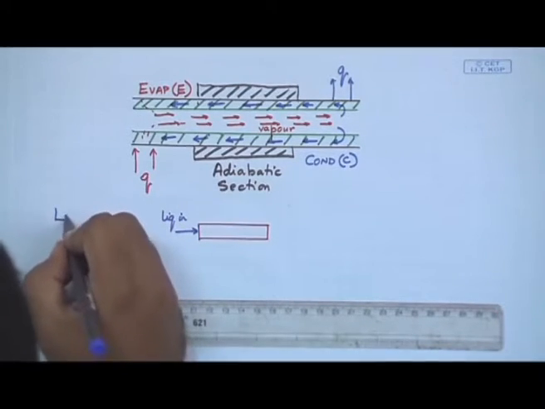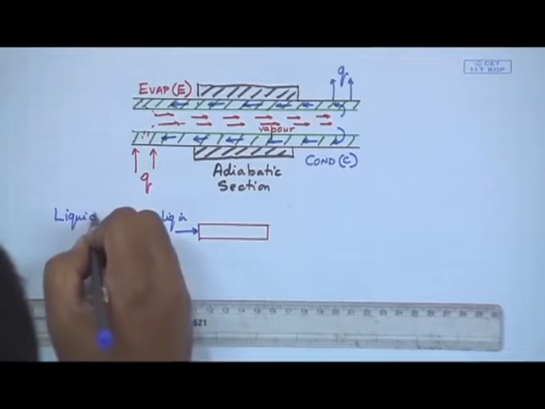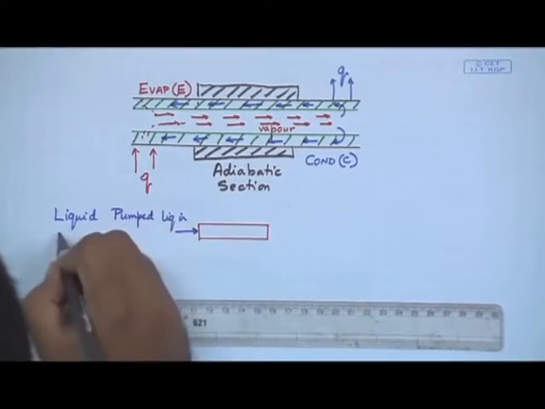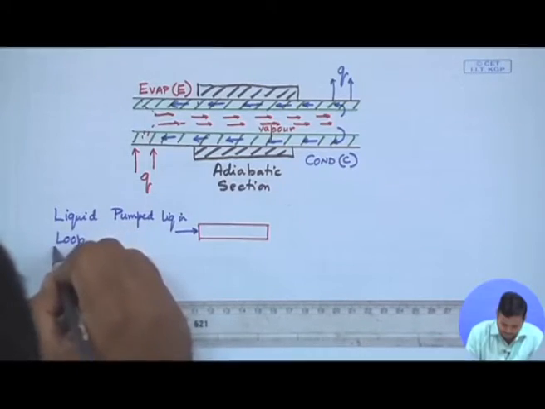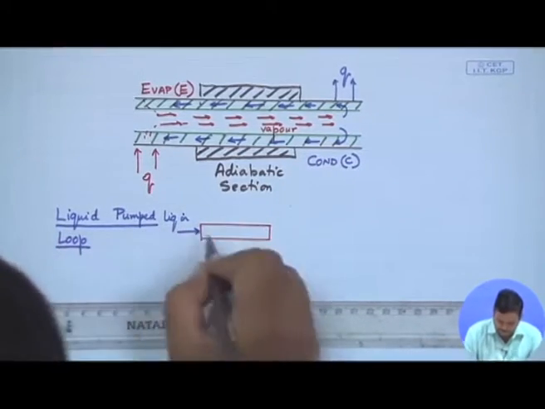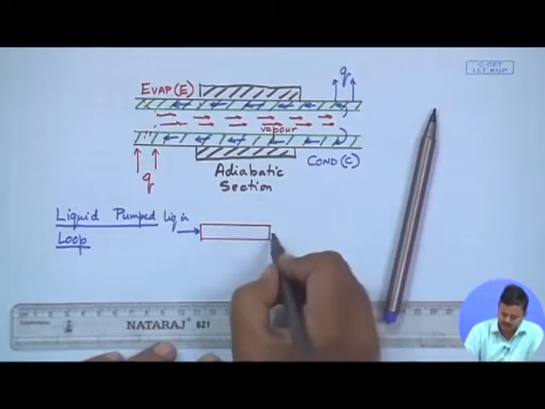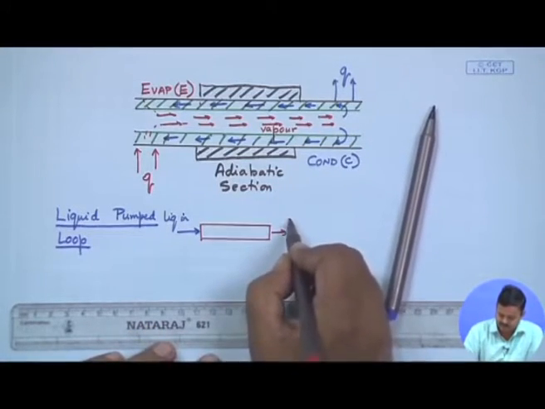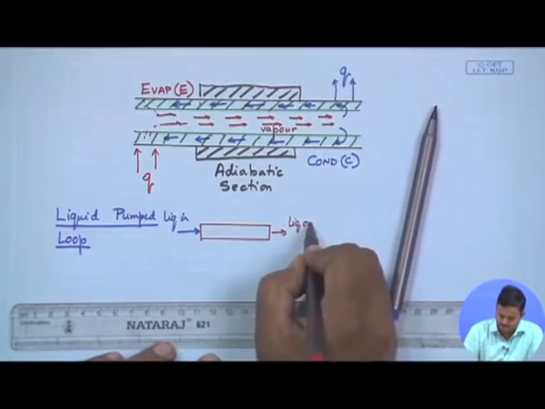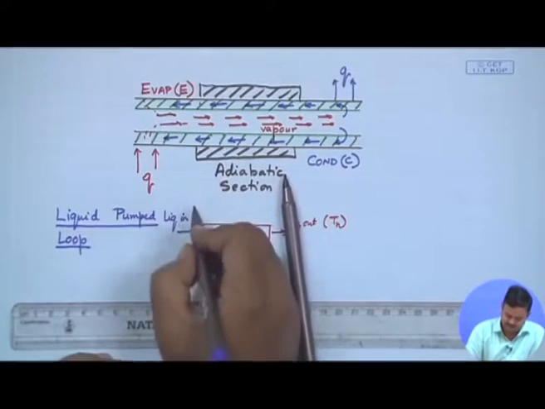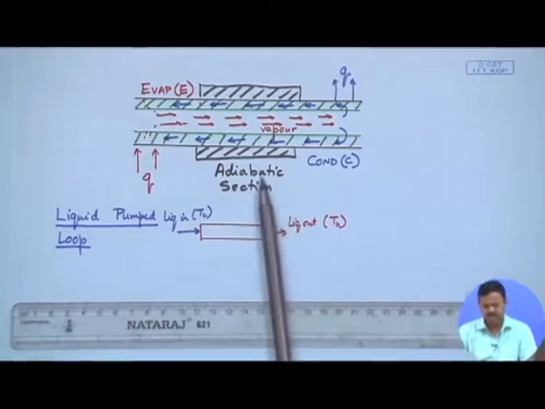Let us first give it a heading, liquid pumped loop. So, you have cold liquid that comes in, and hot liquid that goes out. This is TH, and this is TC.